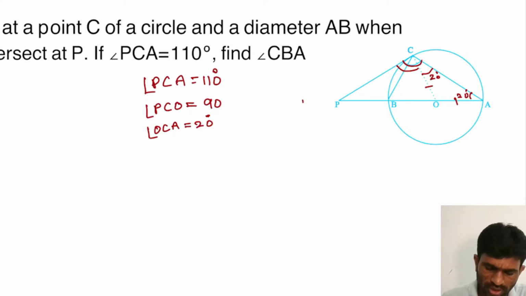These two are 20, 20. This will be 140 because the sum of three angles should be 180 degrees. So now this is 140 degrees. If this is 140 degrees, this will be inside 40 degrees. That is 40 degrees.